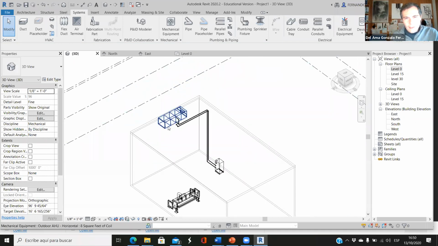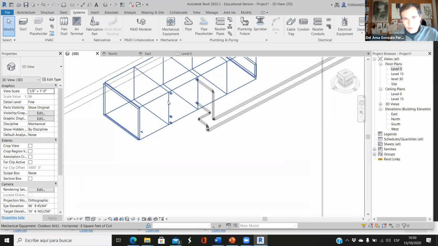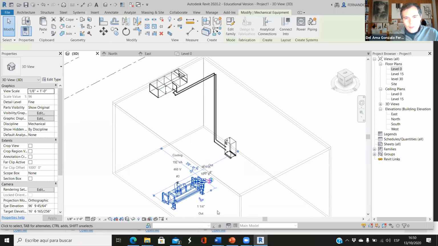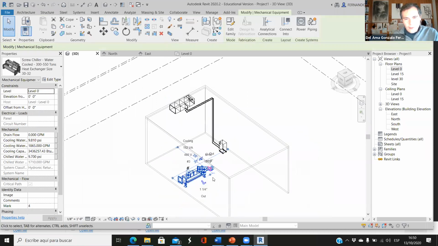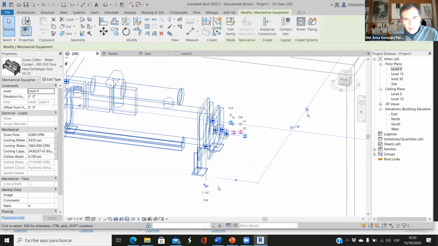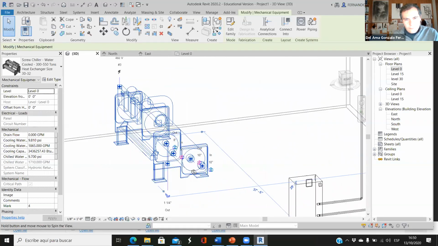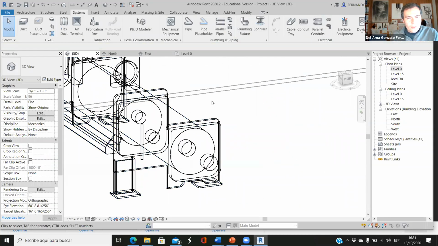What's next? So now we have to connect the cooling coil to the chiller. Okay, so let's analyze the chiller now. There are a lot of things in the chiller. So in the chiller, we always have an evaporator and we always have a condenser.